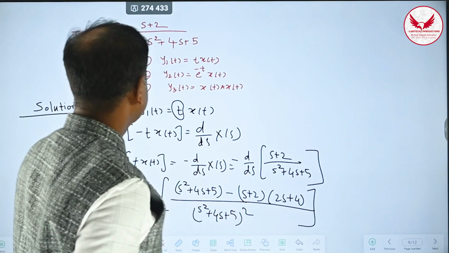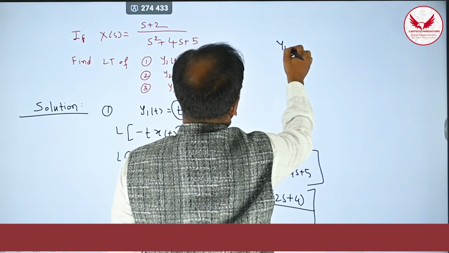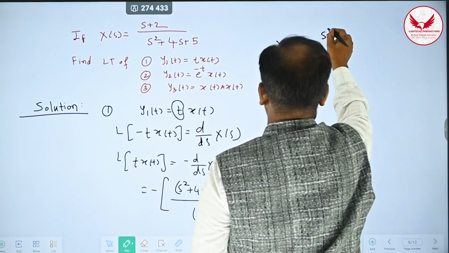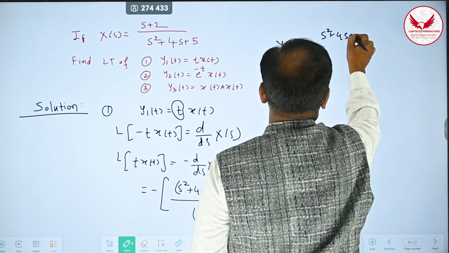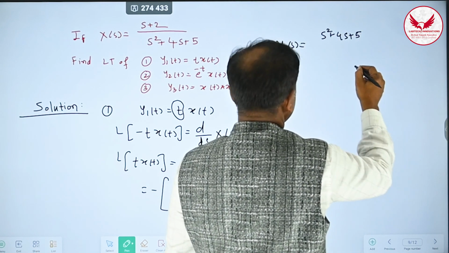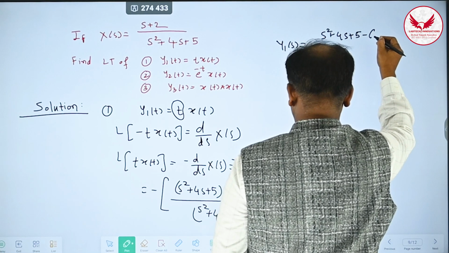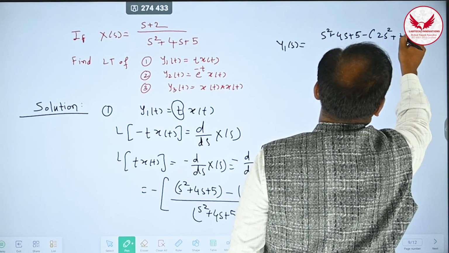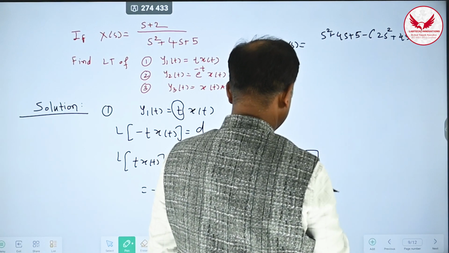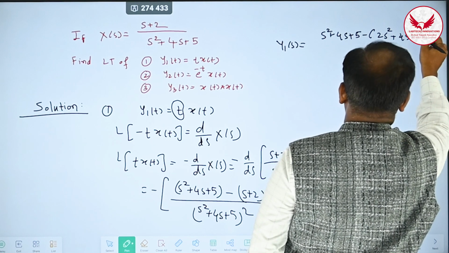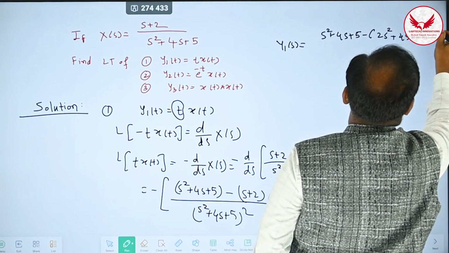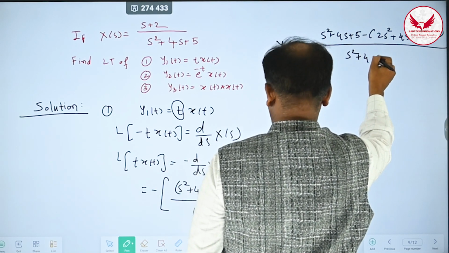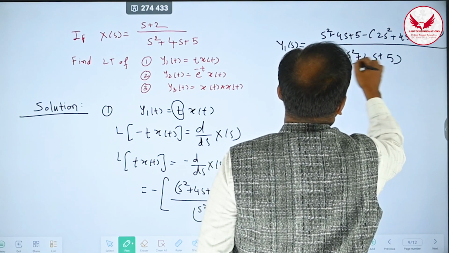So accordingly you can simplify this problem, so that y1 of s is equal to s square plus 4s plus 5 minus 2s square plus 4s plus 4s plus 8 divided by s square plus 4s plus 5 bracket square.